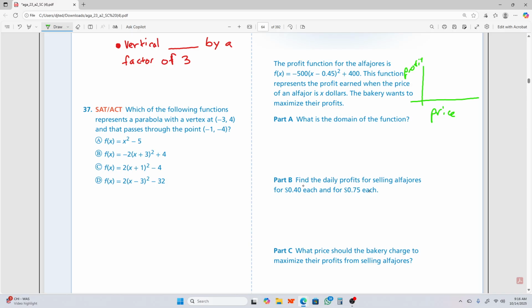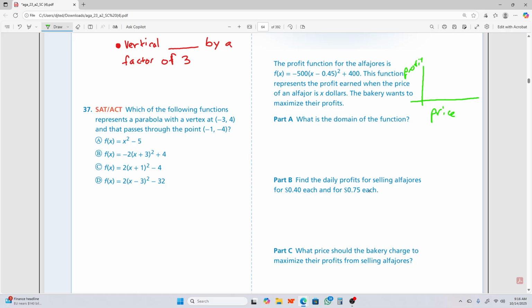They want you to find the daily profits for selling alfajores for 40 cents each and for 75 cents each. So just like we did with our input-output table, you're going to take the formula and plug in 40 cents for the x, plug in 75 cents for the x. What is the profit at each of those prices?